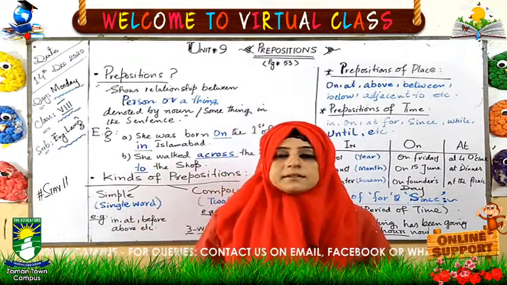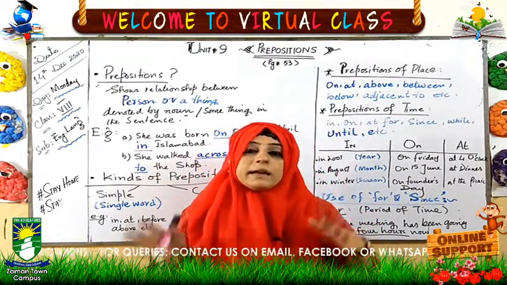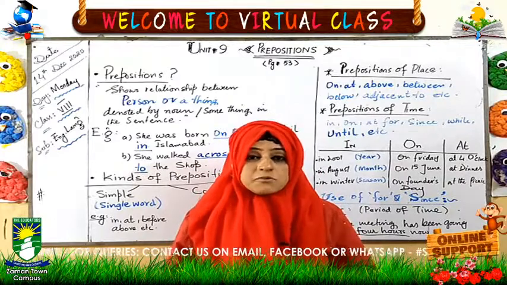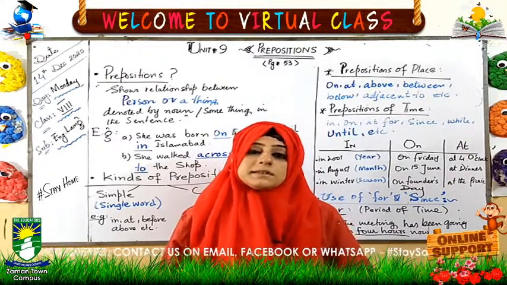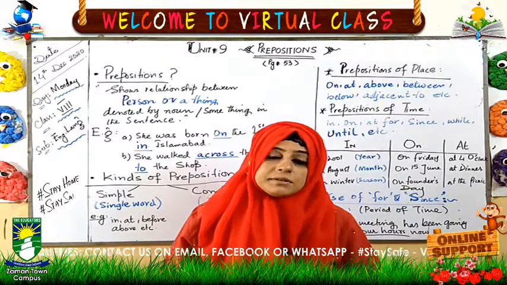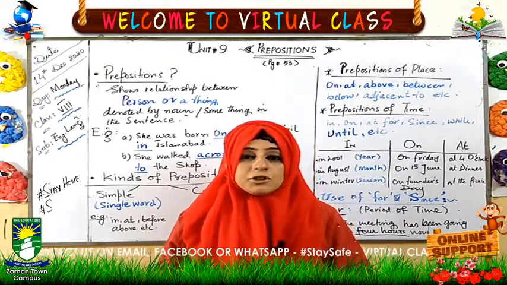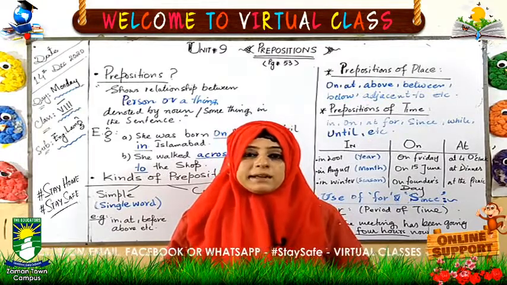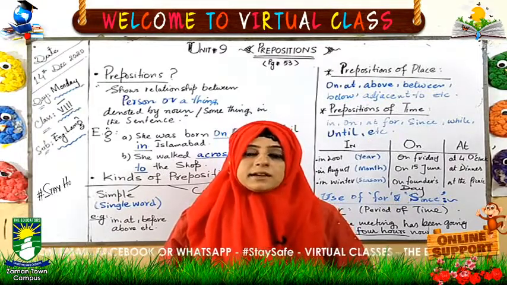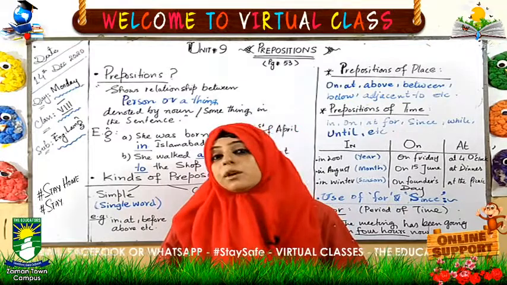Since is the point of time, an exact point, an exact date. The time you can see in the clock, the date you can see in the calendar, we will use since. But if we have a time period and we are not sure about the exact time, like many days, like many hours, like 4 hours, then we go with the word for.